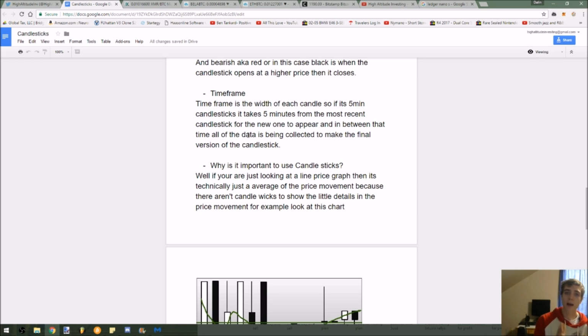So once that 5 minutes is up, it's immutable. It can't be changed. It's set in stone that that was the price movement. But in between the 5 minutes, the candlestick can bounce up and down and go around.